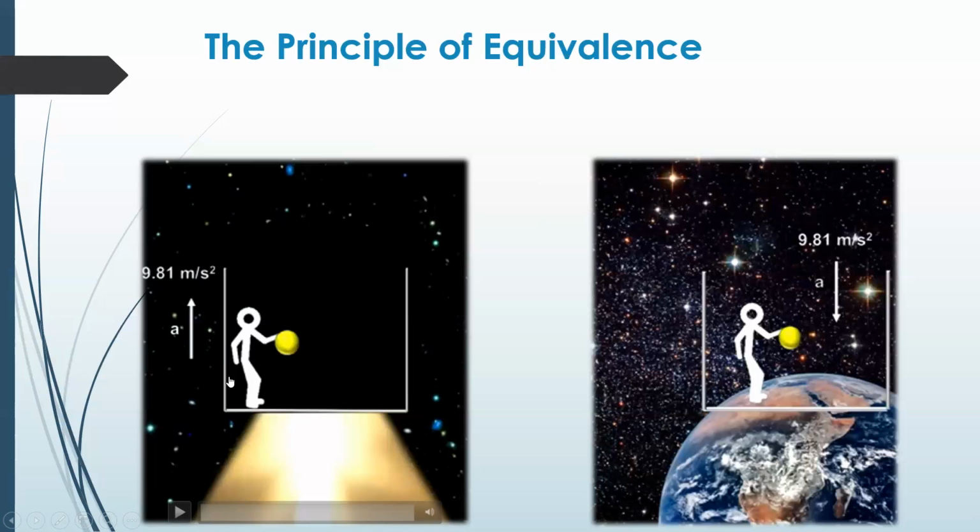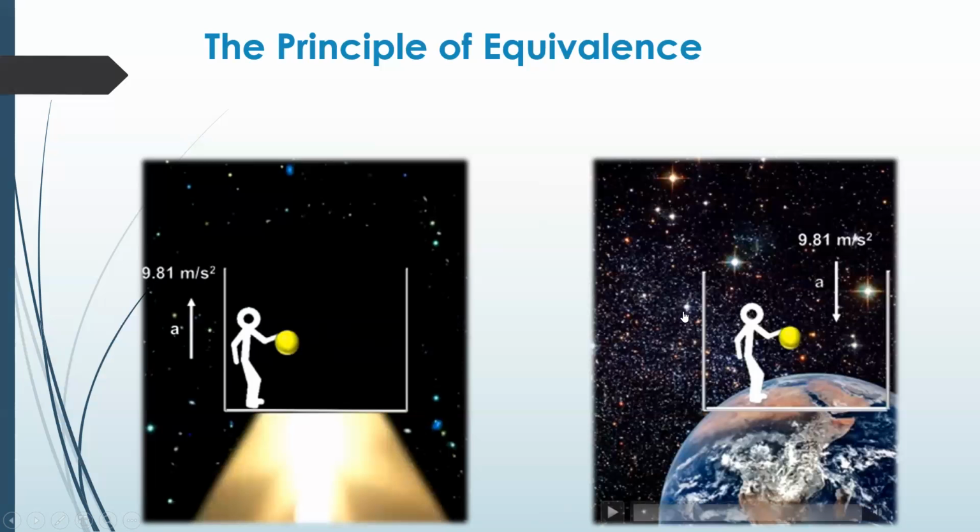The acceleration of this space vehicle is 9.81. The magnitude is equivalent to the acceleration due to gravity at the surface of the earth, isn't it?